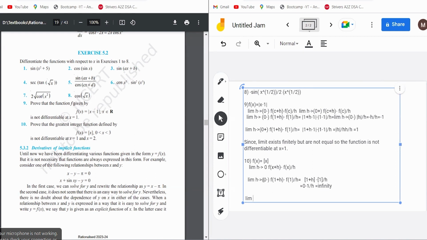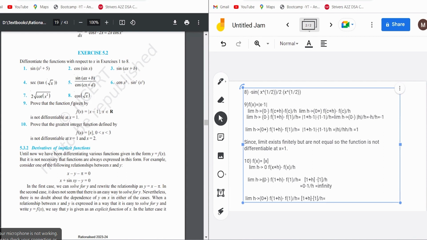Limit of h tending to 0 plus f of 1 plus h minus f of 1 divided by h. So here we can write the same thing: 1 plus h minus 1 divided by h. But in this case, since h is greater than 0, 1 plus h would be something like 1.00000001.